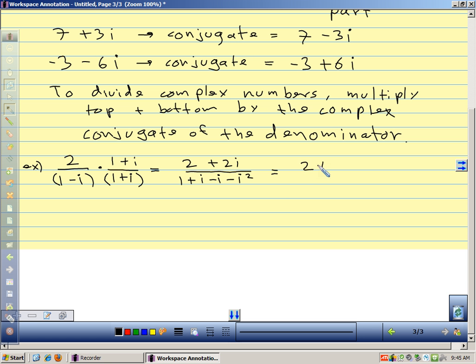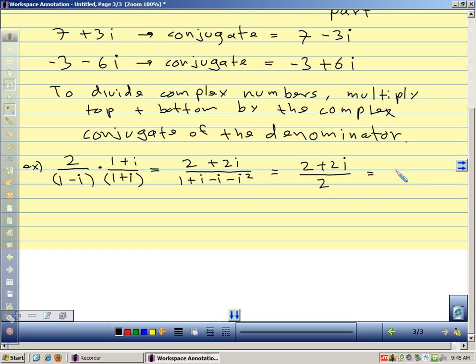So I get 2 plus 2i divided by, my i's in the middle cancel out, and i squared is minus 1, so this minus i squared turns into positive 1. So on the bottom I just get 2. So I get a 1 here and a 1 here. So I get 2. And 2 is common to each factor.